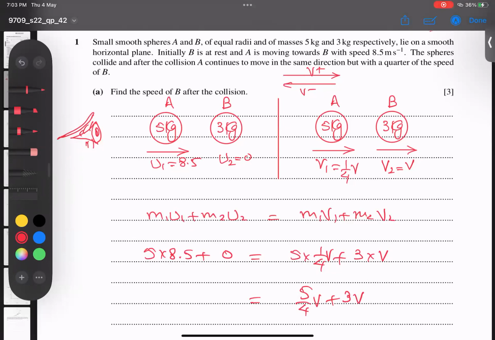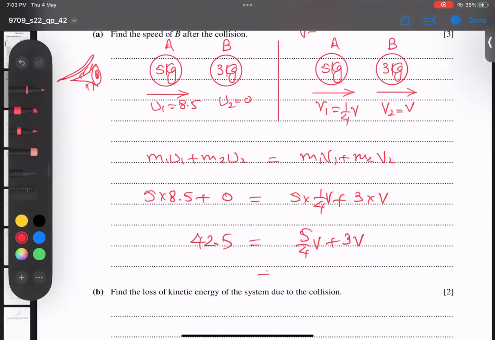8.5 times 5 gives 42.5. And the right hand side becomes 5/4 plus 3, which gives 17/4 times v.